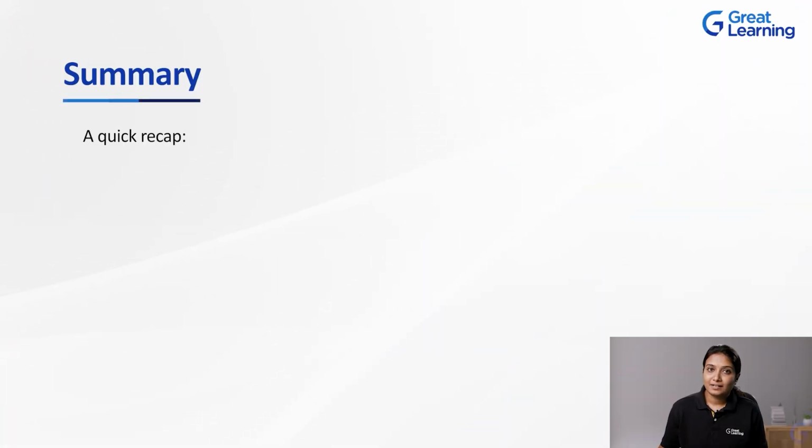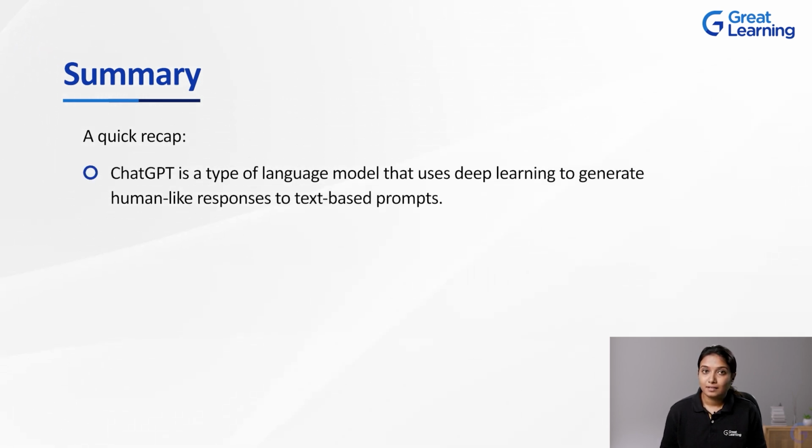Now, we are at the last section of this session, that is the summary. Let's have a quick recap of what we studied in this session. The first thing we studied was the ChatGPT role and who is responsible for ChatGPT being developed, that is artificial intelligence. The major domain and the subdomain were discussed.